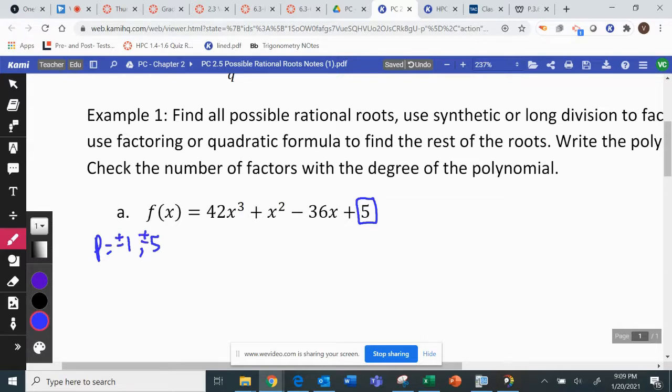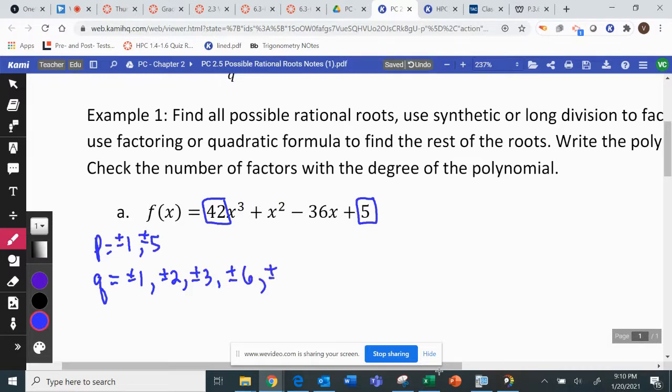So we need to include the positive and the negative for every single choice. Now our q numbers, we have 42 to work with. So plus minus 1, plus minus 2, plus minus 3, plus minus, not 4, not 5, but 6.